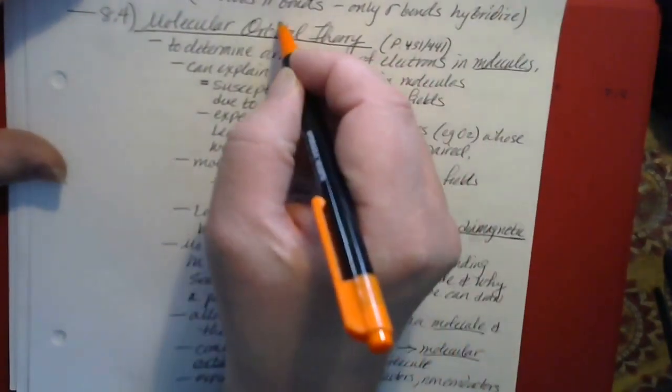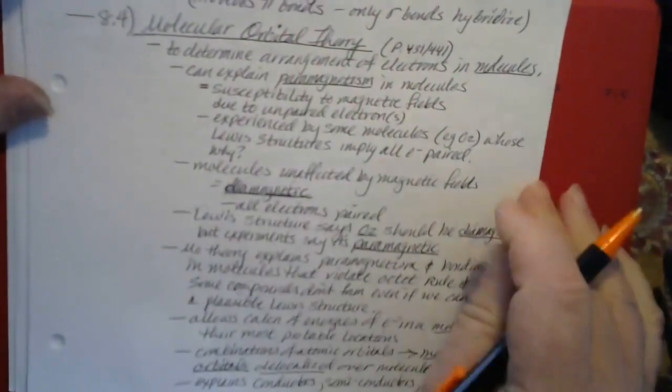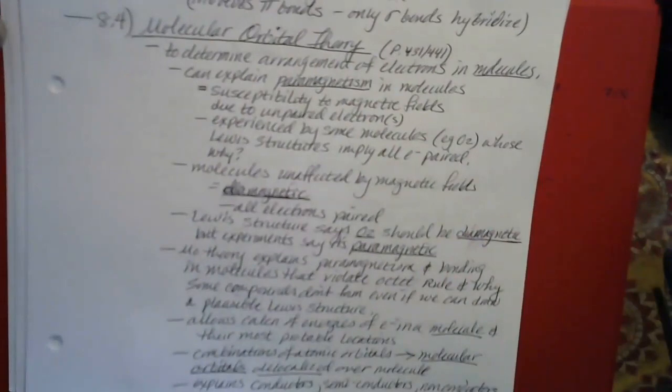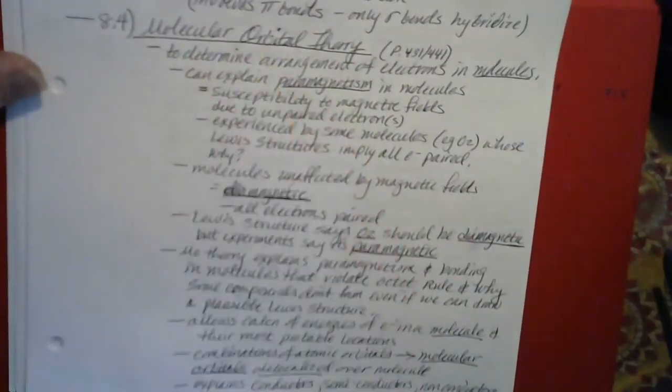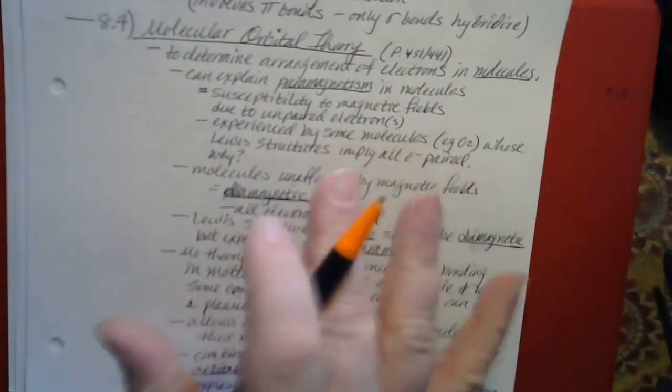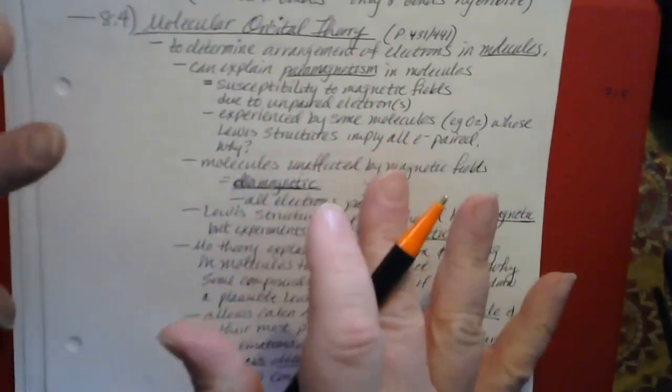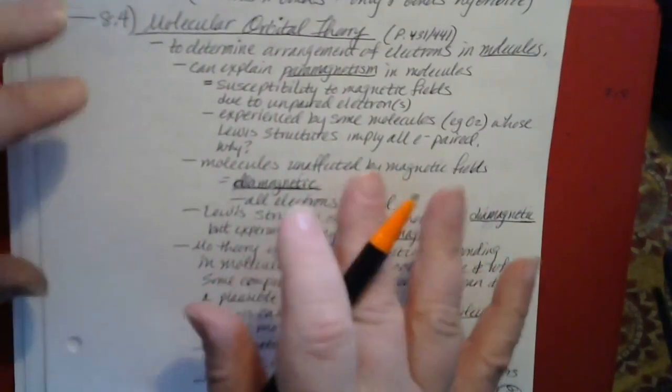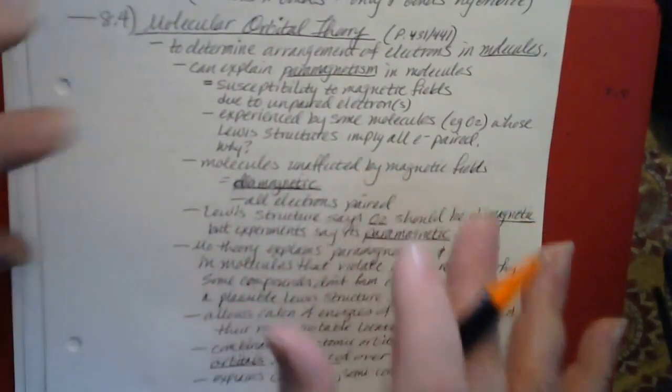Okay, molecular orbital theory is a way of looking at the bonding in molecules where, when it comes right down to it, we can finally recognize when certain bonds between atoms will form and certain ones will not.